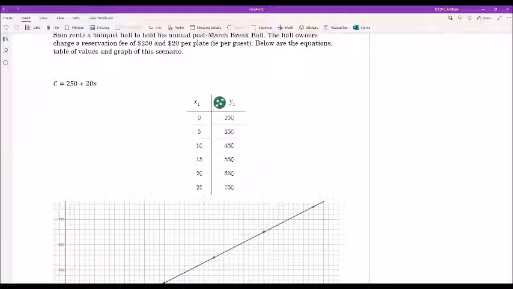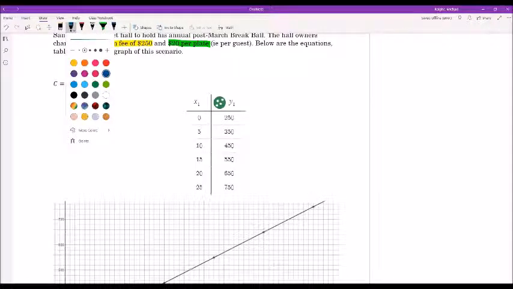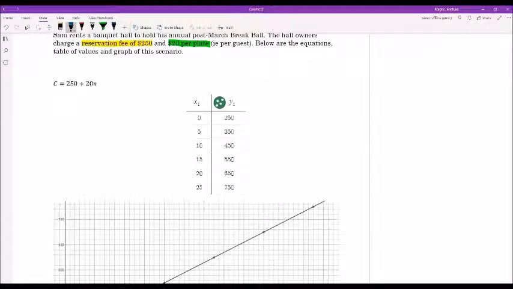When we look at this information, we see that there's a reservation fee of $250, and in addition to that, it's $20 per plate. So the equation has already been written for us, and we're looking at the total cost of renting the banquet hall.